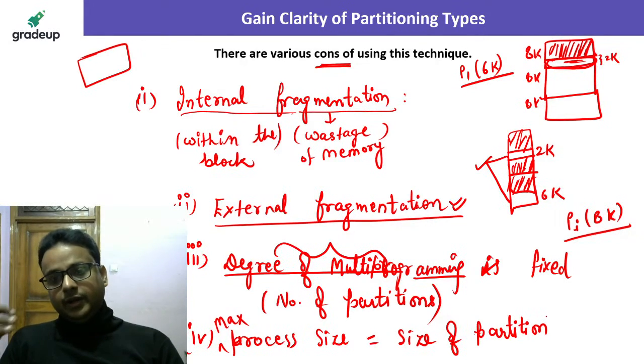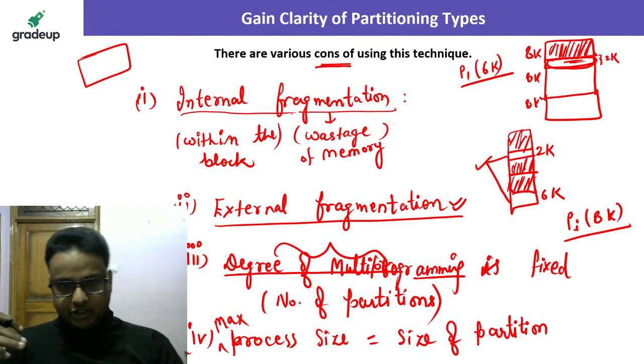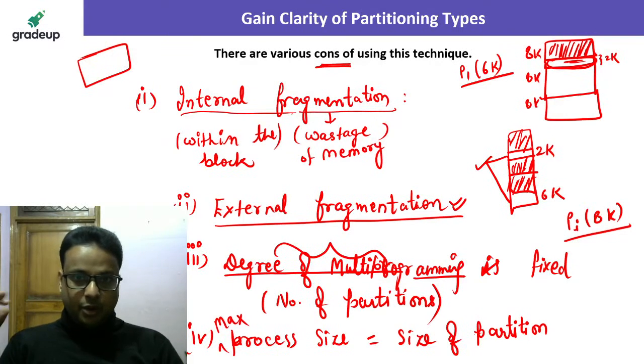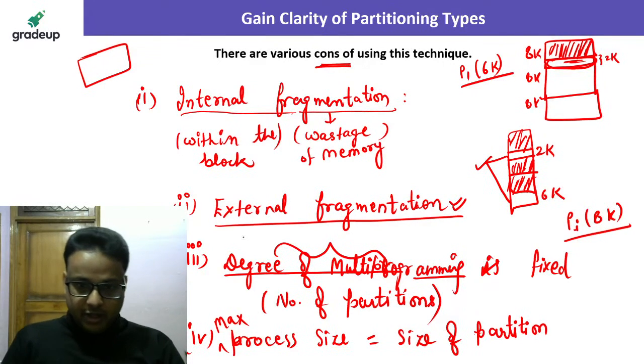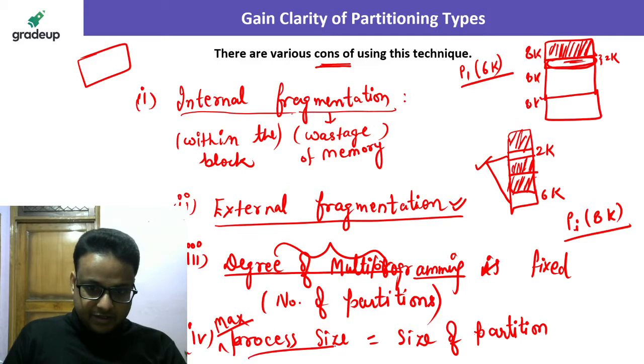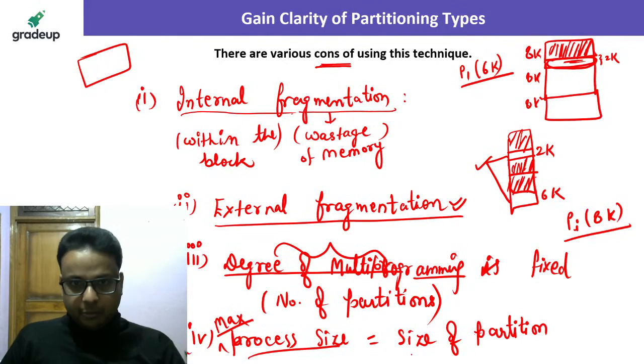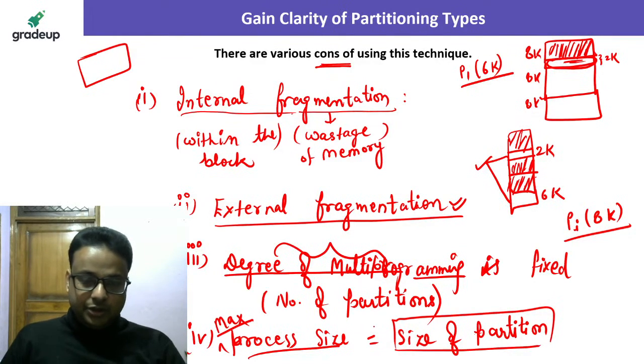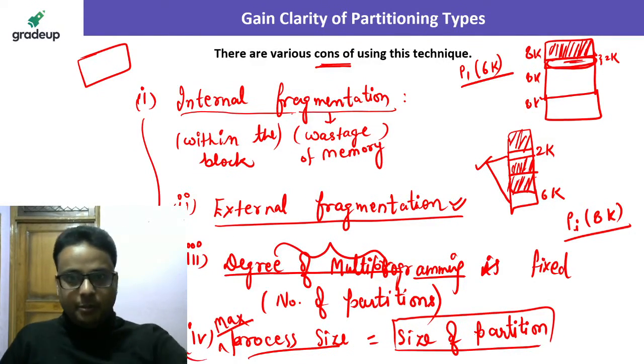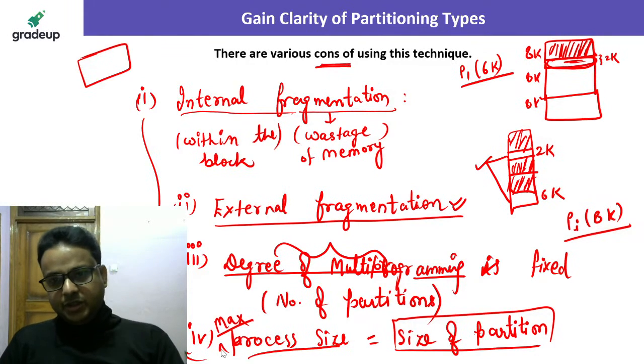For example, if the maximum partition is 8K, then the maximum process size can be 8K, not 10K. A 10K process cannot be accommodated in the memory. So the maximum process size in the memory will be the size of the partition. These are the drawbacks of fixed partitioning. If you have any doubt, please ask me.